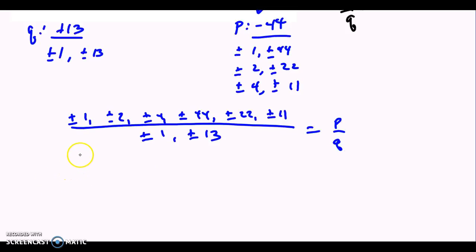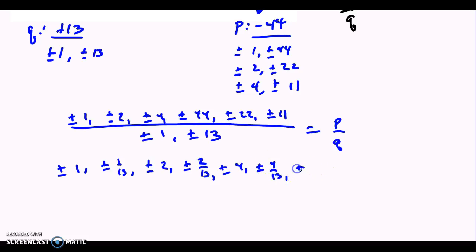Now, my actual list then is going to be plus or minus 1, if I take the 1 and divide it by the 1, or plus or minus 1 over 13. And this is the tedious part. And when we're all done with this, it's going to result in 24 different factors, which is a lot.